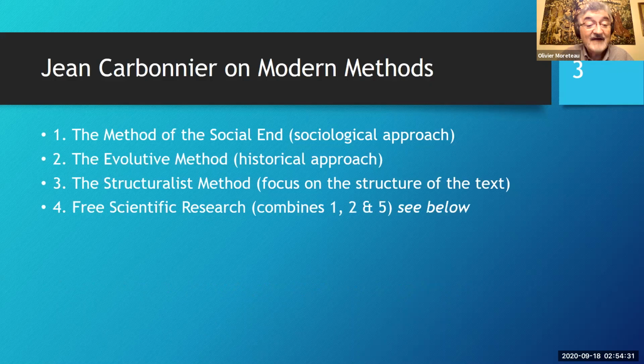And you have also the free scientific research that will be discussed with much detail in this video. It is a method that combines 1 and 2, the sociological approach, the historical approach. And number 5, yes, it will be discussed also below.